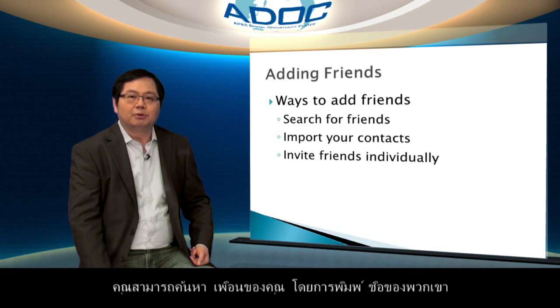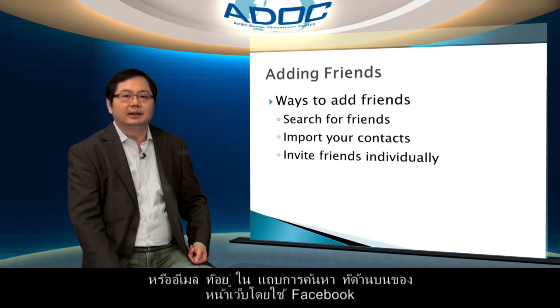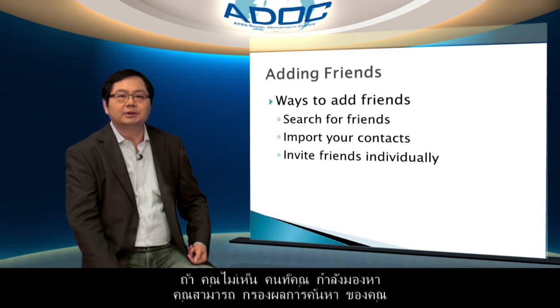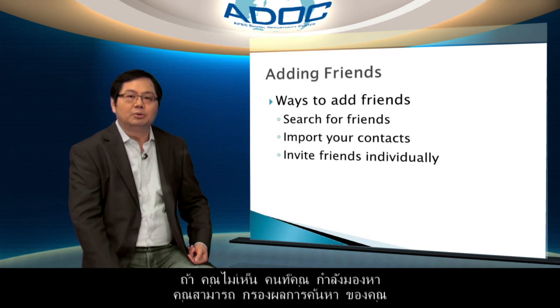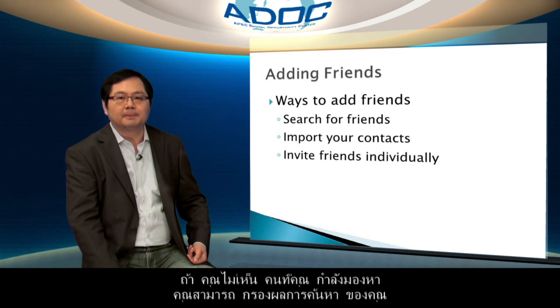You can search for your friends by typing their names or email addresses in the search bar at the top of any Facebook page. If you don't see the person you are looking for, you can filter your search results.